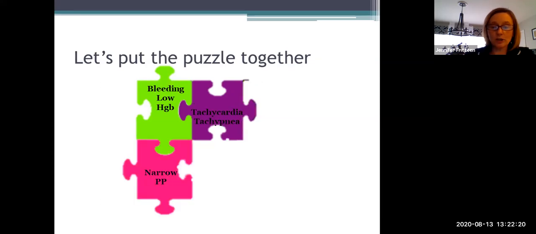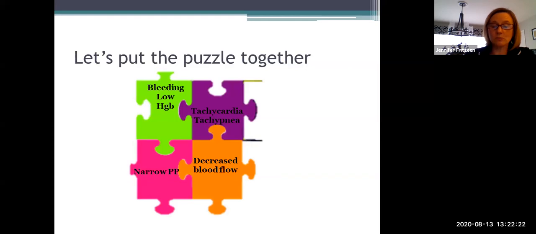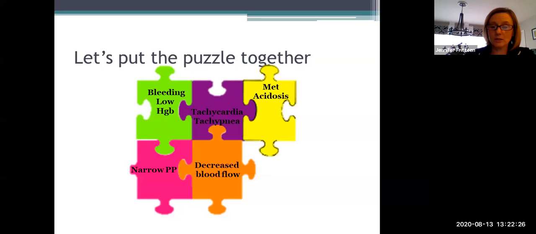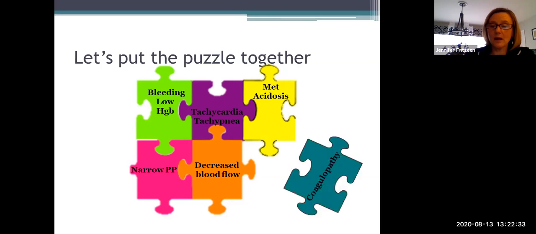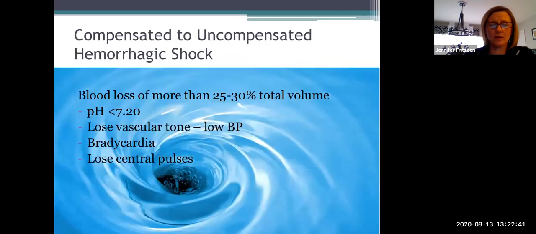They have a narrow pulse pressure, decreased blood flow to the extremities and your solid organs. They quickly go into metabolic acidosis. And then the last part of the puzzle, if you remember the trauma triad of death, they have problems with coagulopathy. All these things together lead us to the fact that we have a patient in compensated shock.